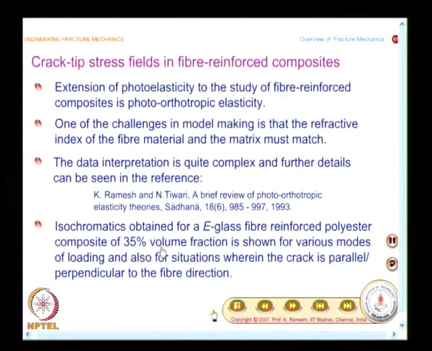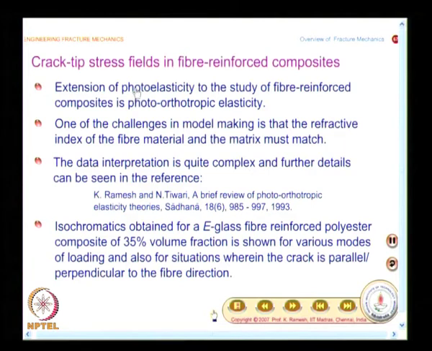In fact, if you look at composite literature, preparing a composite which is transparent with 35% volume fraction is a challenge. This has been achieved, and the various photo-orthotropic theories have appeared as a paper in Sadhana in 1993. You can have a look at it.